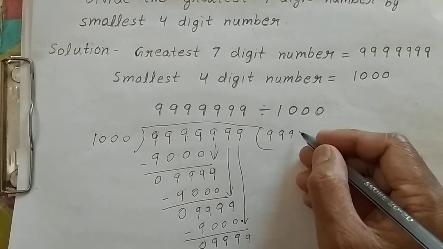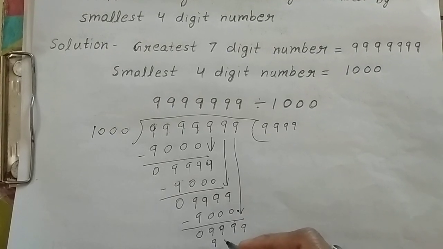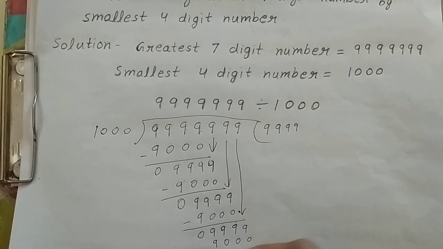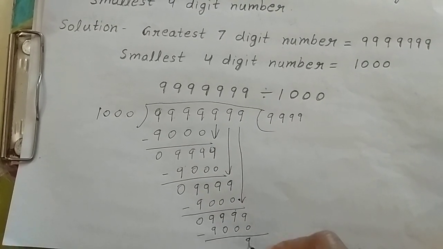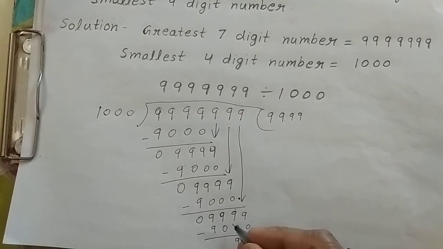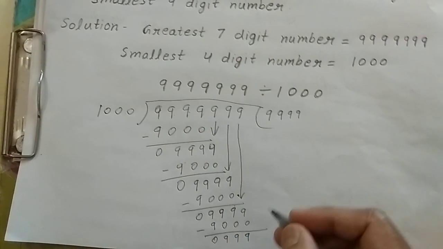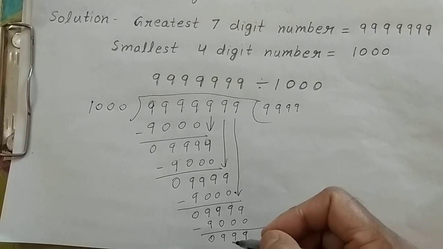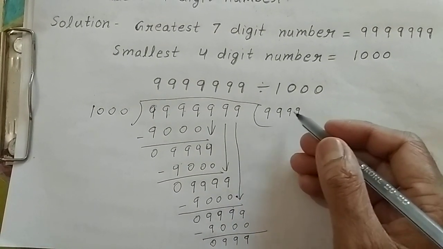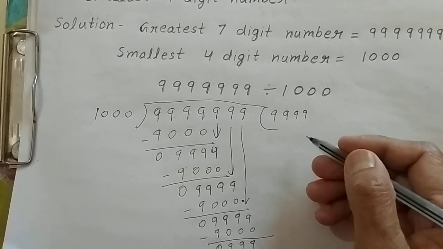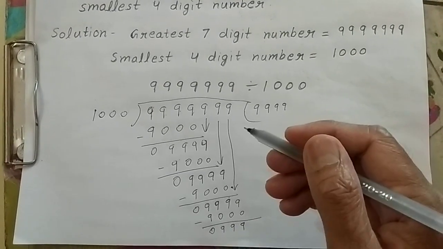Now again multiply by 9, so 9000. Subtract. So the remainder is 999 and the quotient is 9999. So this is our division.